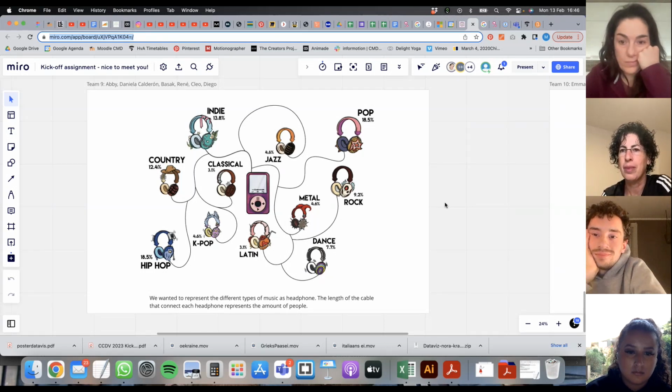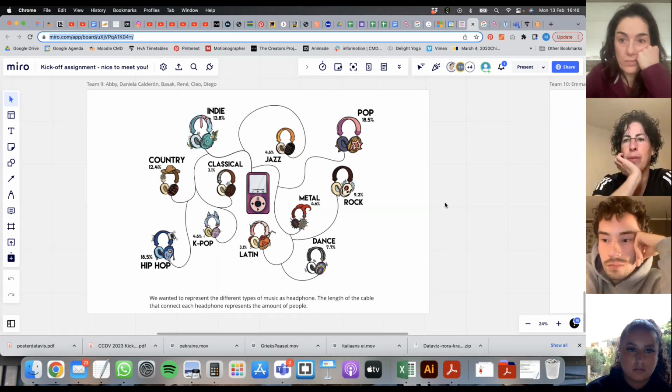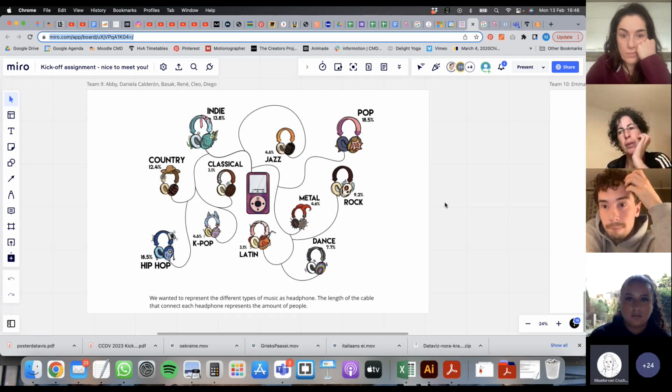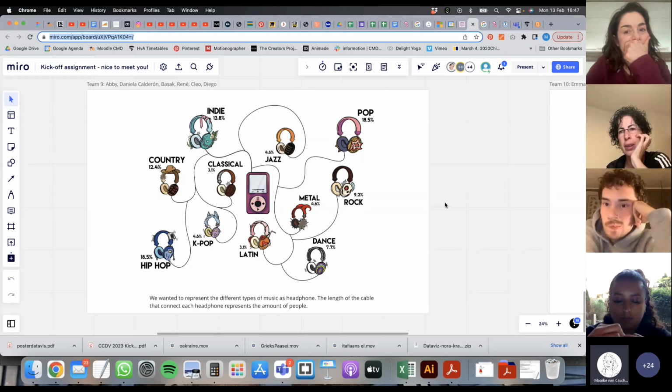They were so creative in how they express different variables: the length of the cable that connects each headphone represents the amount of people. You can use the length of the cord for that, so that's super creative.